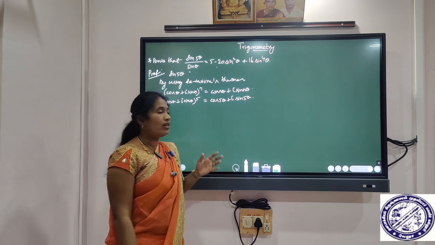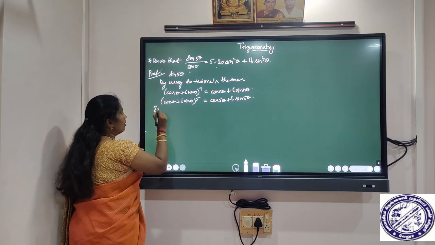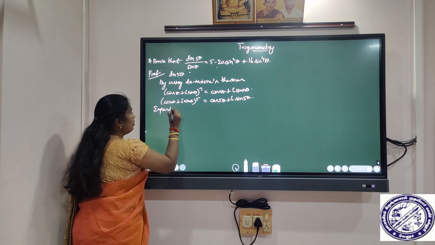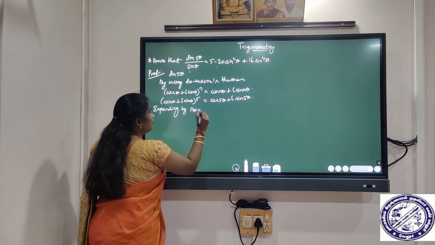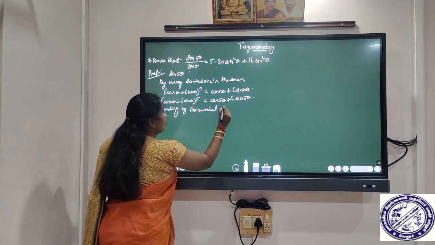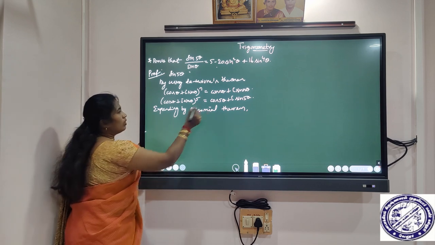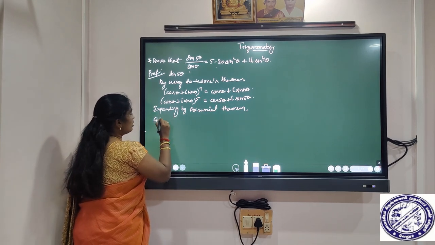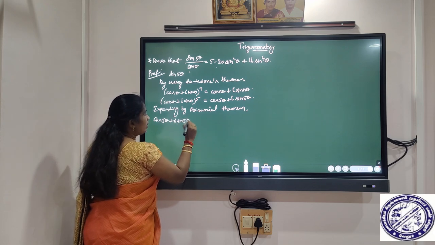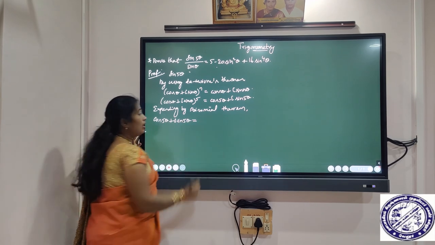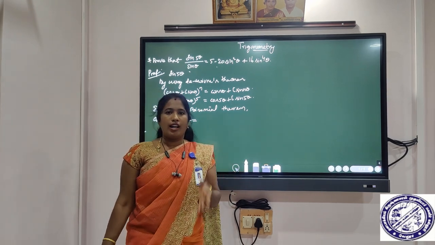Moving on to the second step, expanding this De Moivre's theorem by the binomial theorem. So cos 5 theta plus i sin 5 theta is equal to the binomial theorem formula, that is cos power n theta plus nC1 cos power n minus 1 theta i sin theta.